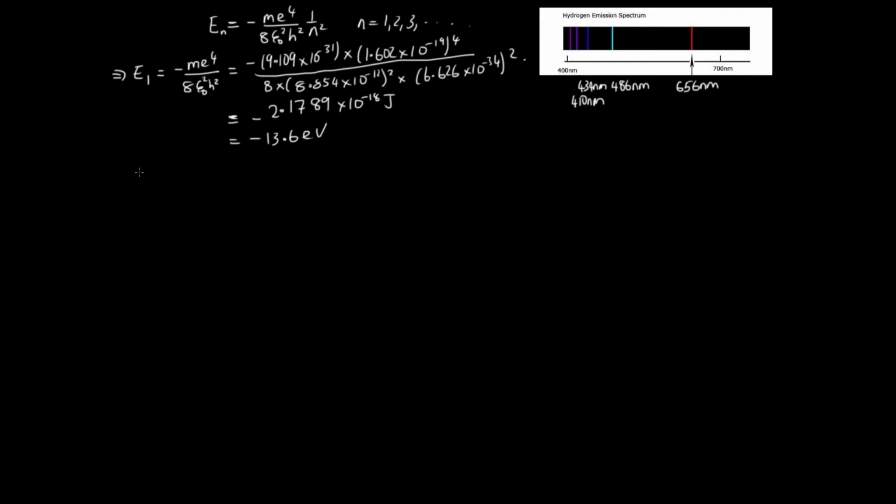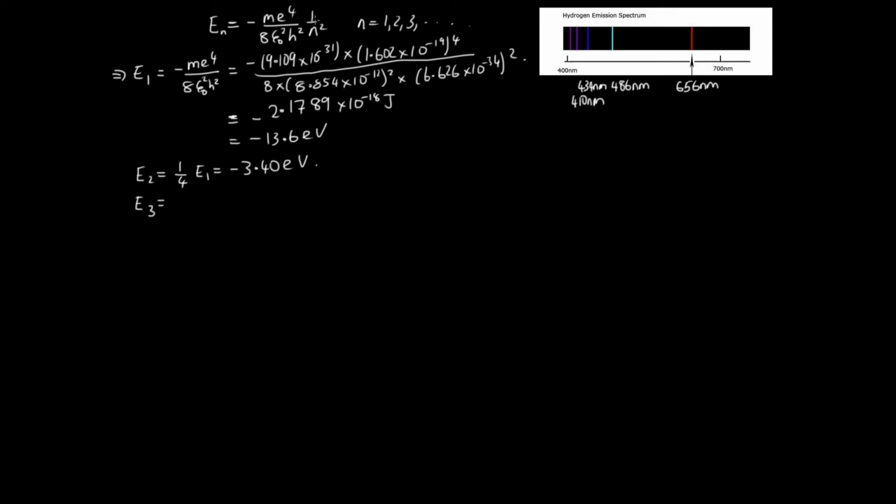Now we can calculate the energy of other states as well. The energy of the n equals 2 state is just going to be equal to minus m e to the 4 over 8 epsilon naught squared h squared, times 1 on 2 squared. So it'll actually be a quarter of this thing, a quarter times E1, which is equal to minus 3.40 electron volts.